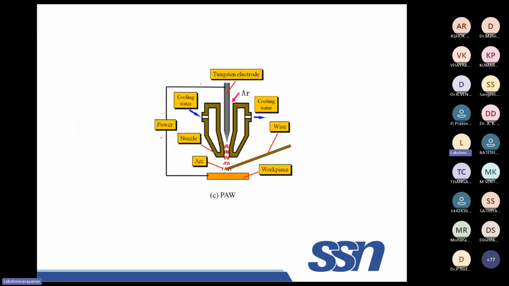This is plasma arc based welding, where the difference is you keep the tip inside, so that the arc comes through the nozzle. In this nozzle, the arc is restricted, what we call a constricted arc.